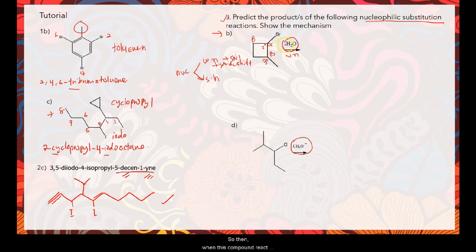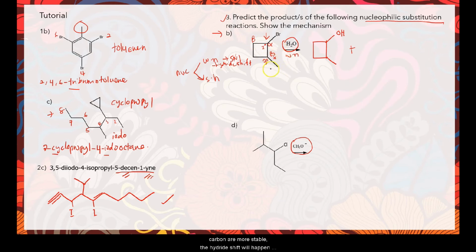So when this compound reacts with water in the substitution reaction, OH will substitute bromine at this carbon. Then you will get one product like this. Next, since the adjacent carbon is more stable, the hydride shift will happen.